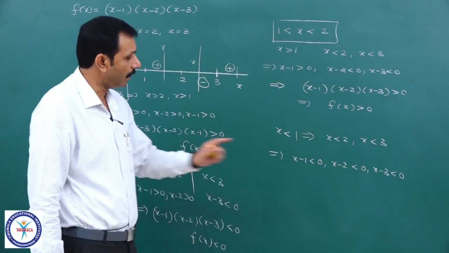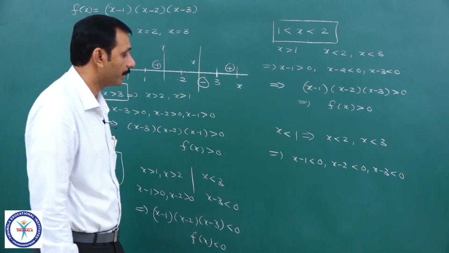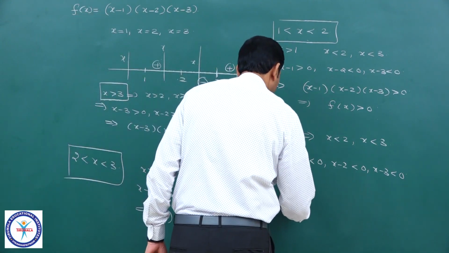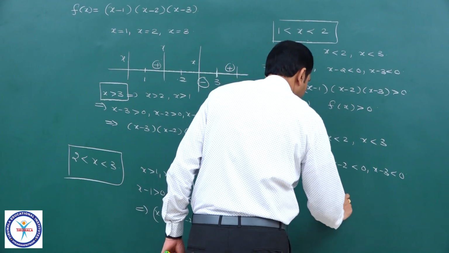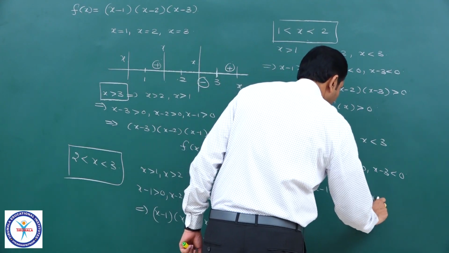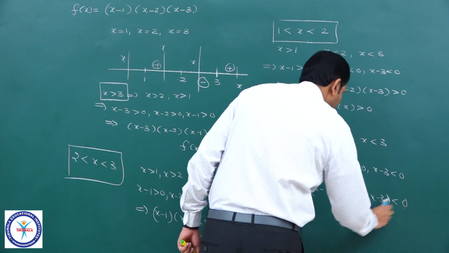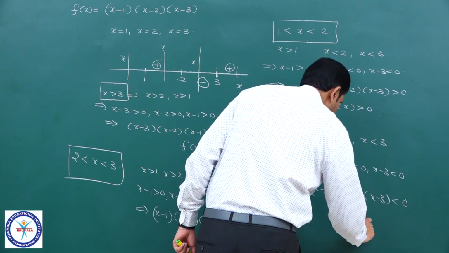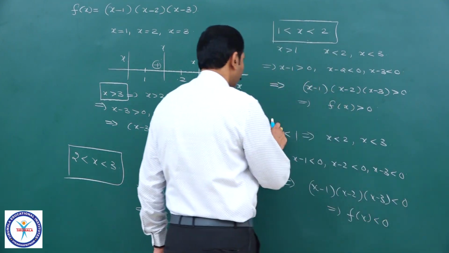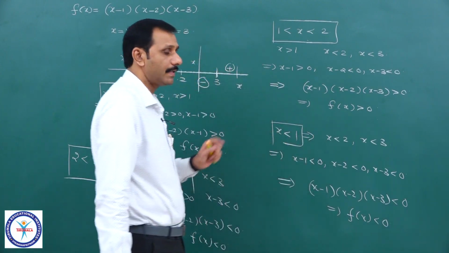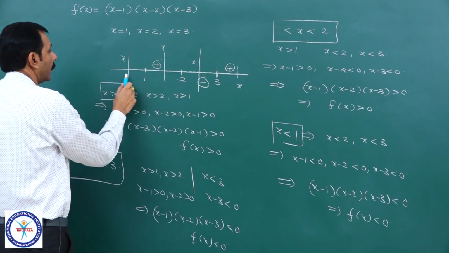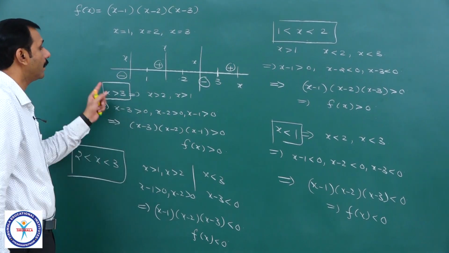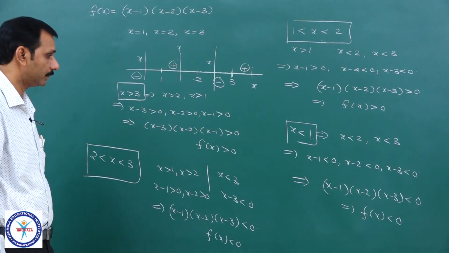Because all three factors are negative, their product x minus 1 into x minus 2 into x minus 3 is also negative, that is f of x less than 0. Therefore, when x less than 1, the sign of f of x is negative.